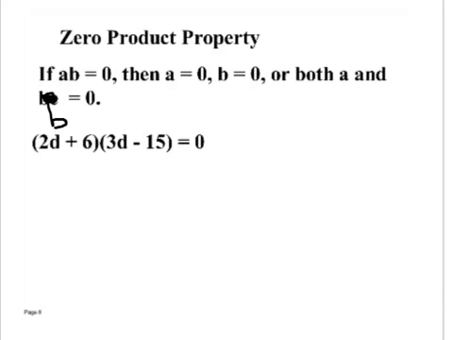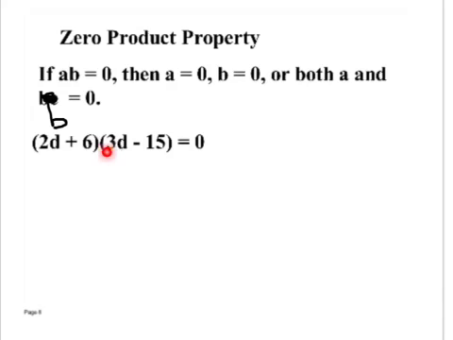So if you have 2 numbers multiplied and they equal 0, let's say A times B, then A could be 0, B could be 0, or A and B could both be 0. We're saying this would be A and this would be B. Aren't these multiplied together? And what do they equal? 0. So either this will equal 0, or this will equal 0, or both of them will equal 0.